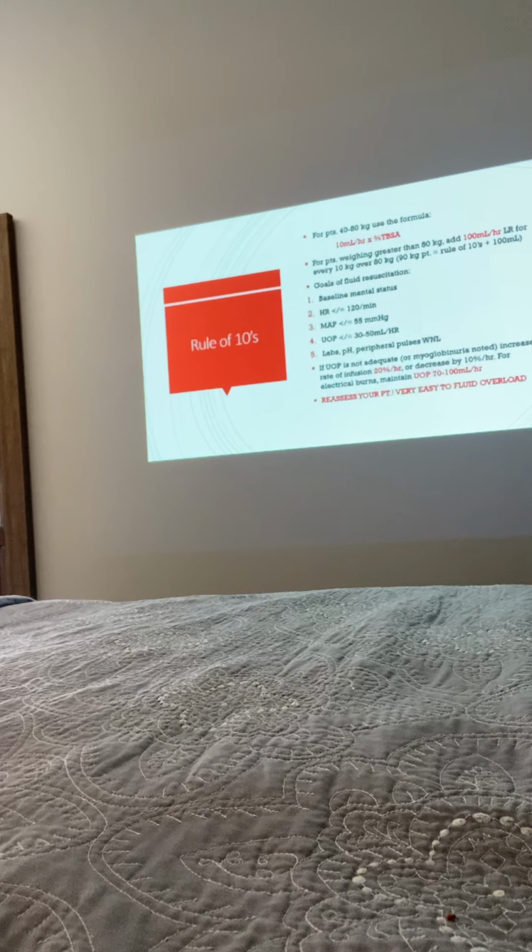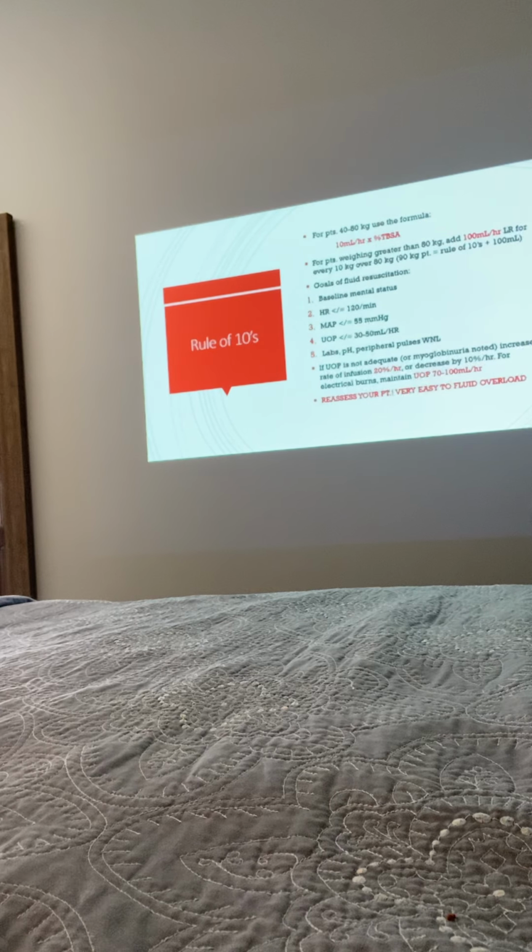For patients 40 to 80 kilograms, use the formula 10 milliliters per hour times your percent TBSA. For any patient greater than 80 kilos, add 100 mLs per hour. Again, this is all in your AFIs.